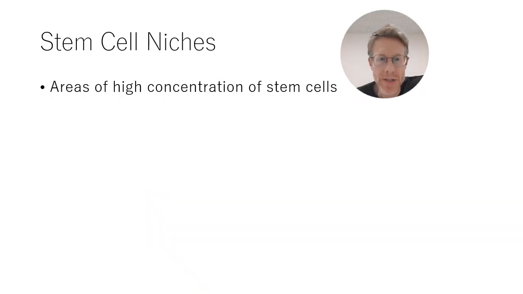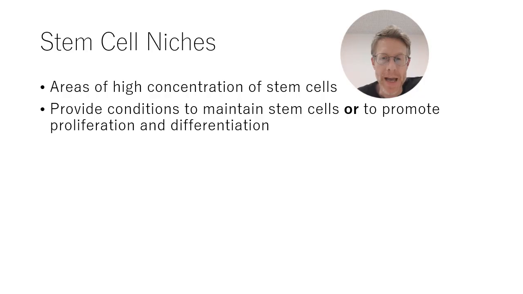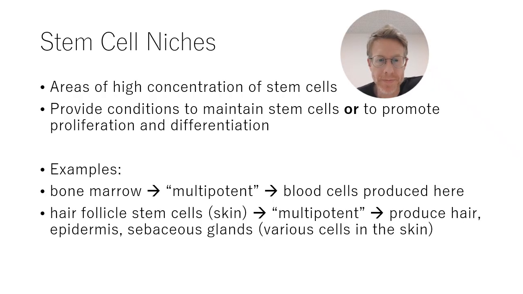So a stem cell niche is an area of high concentration of stem cells in an organism. And these regions provide the conditions to maintain those cells, and in some cases to promote division of them and possibly differentiation of them. So I think you need a concrete example.